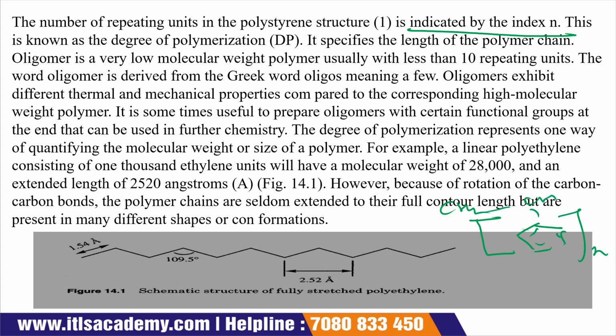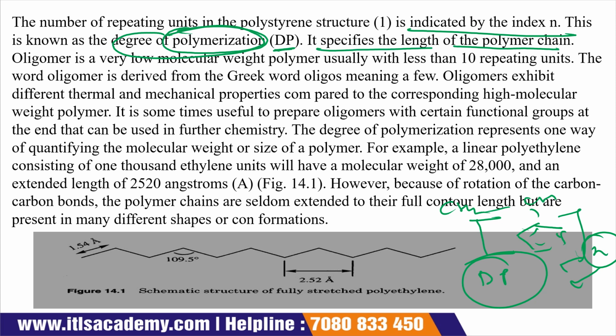Here this is a repeating unit, represented by the index n, and this index n is known as the degree of polymerization, or DP. This n is the DP. It specifies the length of the polymer chain. Okay, this n will decide the whole length of the polymer chain.